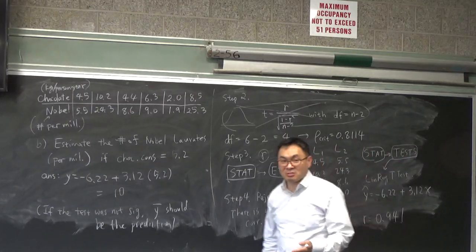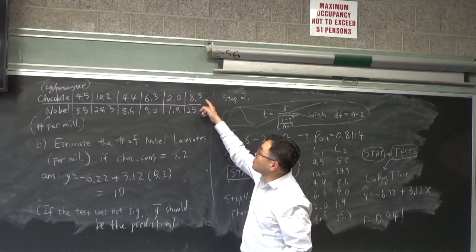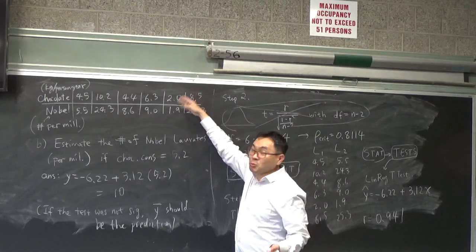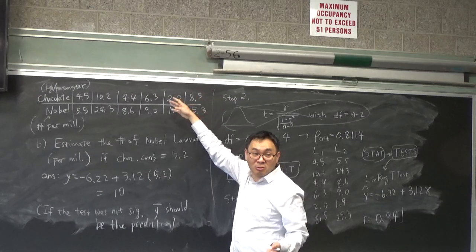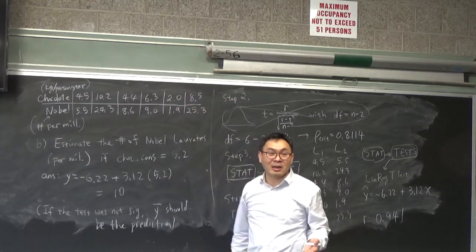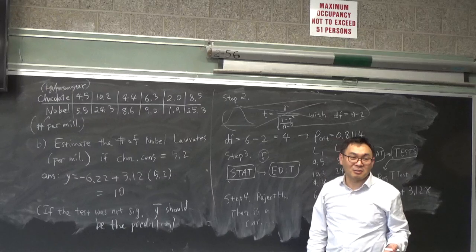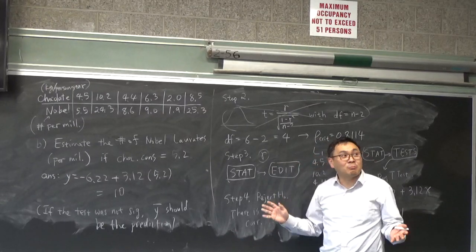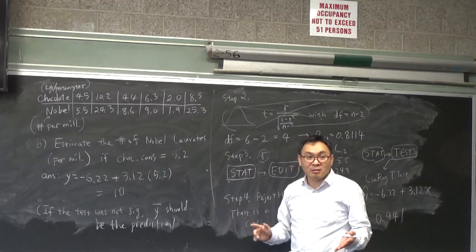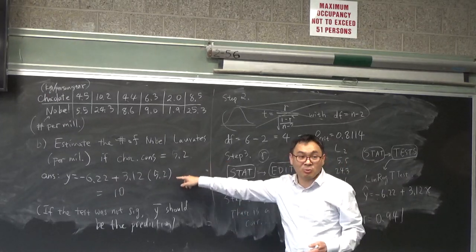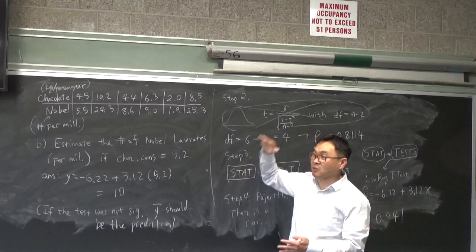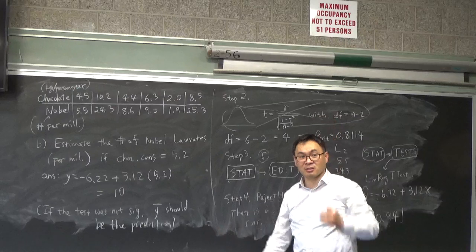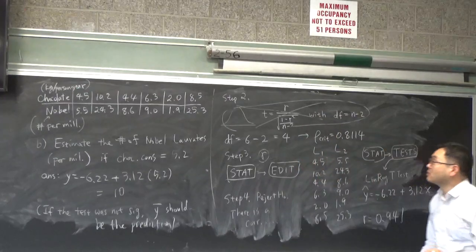In practical usage, that's another problem. If you had a country where the chocolate consumption was 20, it's way out of the range of what you're used to seeing, so it might not be wise to use that. For exam purposes, that's not a problem. But in practical use cases, there is a danger in using this for any input value, because if it's too large or too small, it might be outside the range that's linear. Very good question.